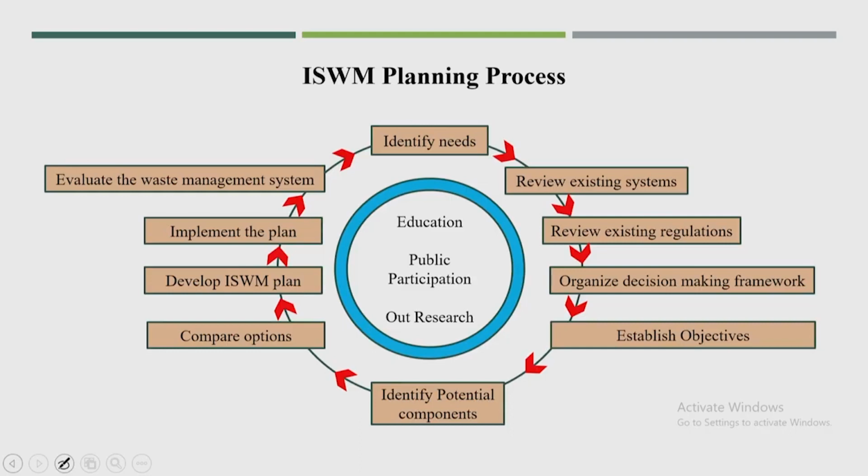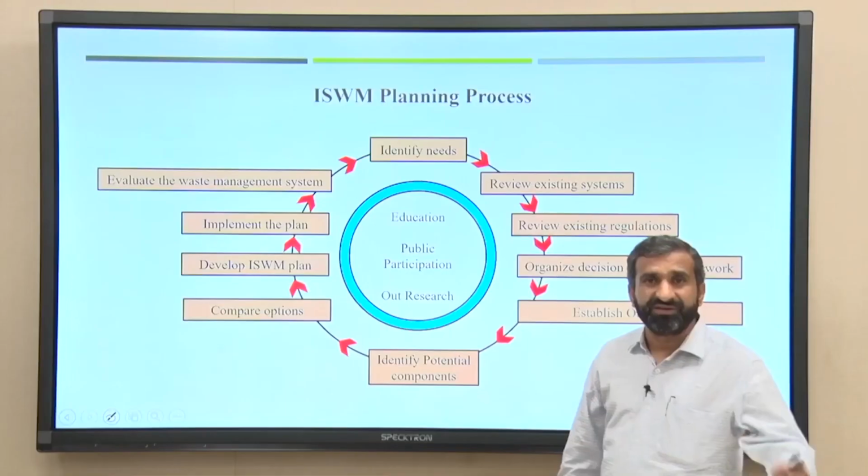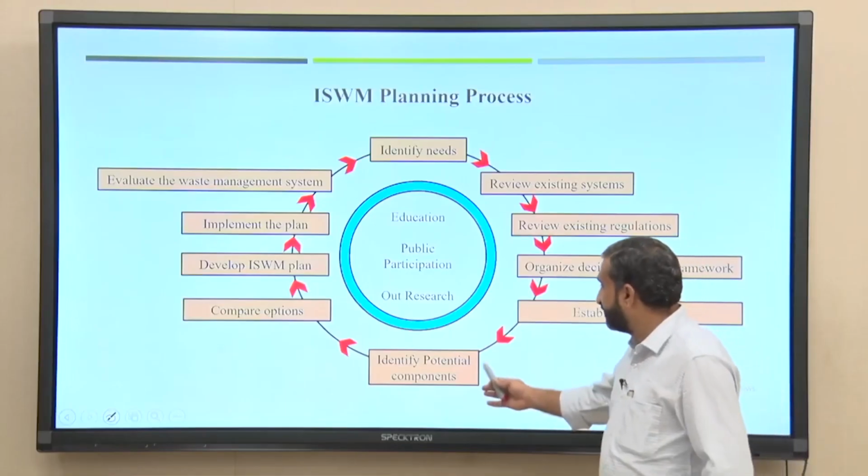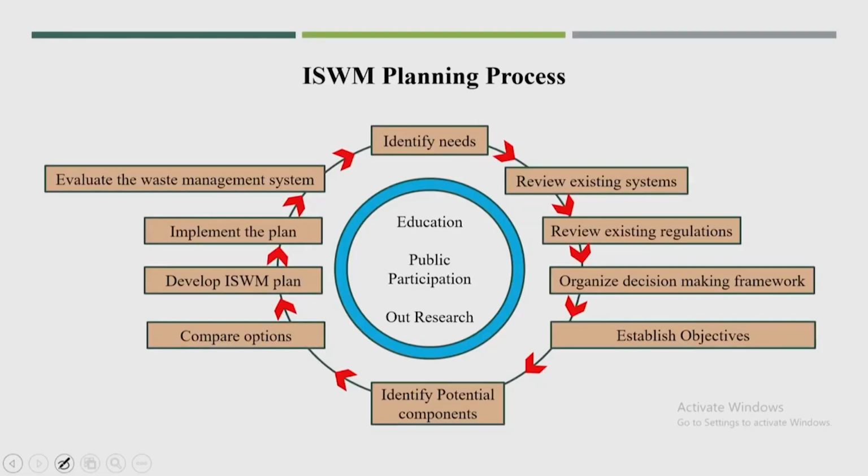Once the objective is finalized, you identify the potential components, like biological or chemical treatment processes. Then compare the options, and based on that you develop the integrated solid waste management plan.